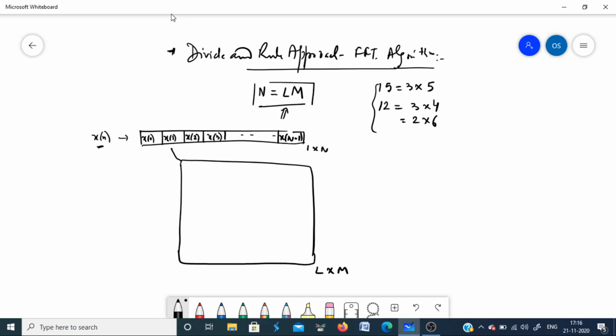Now when it is a single one-dimensional array, your small n is the index. So it is x0 here, then x1 here, and x2. Now when you have a two-dimensional matrix, you must have two variables for indexing.